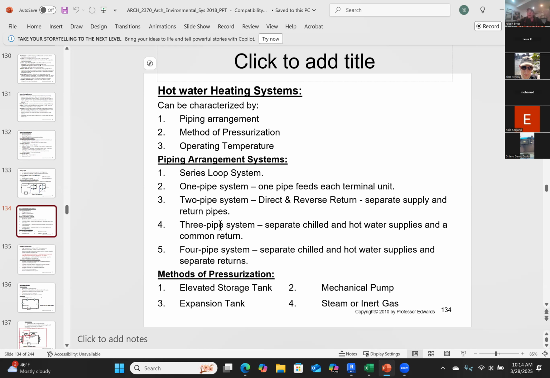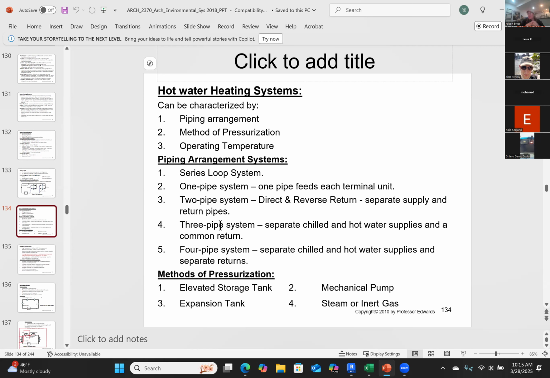Three pipe, we've got chilled water. You might use that in the summertime to cool the spaces. And it has a hot water. Both of those are supply lines going to the terminal unit. And then on a three pipe system, we'll have one pipe that returns that back to the boiler or the chiller.